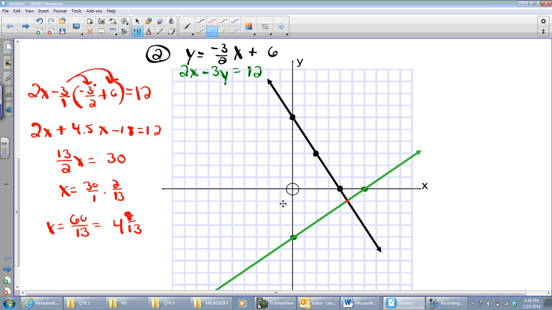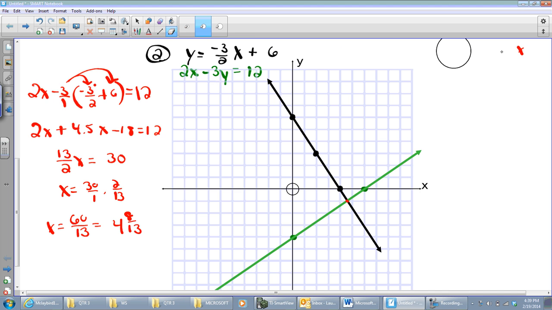And then I got to figure out the y-coordinate, but it sure looks like it's going to be -1. I'm not positive about that, but I can plug in -1 for y. 3 over 2x plus 6, which implies that -7 equals -3 over 2x. 14 thirds, yeah.